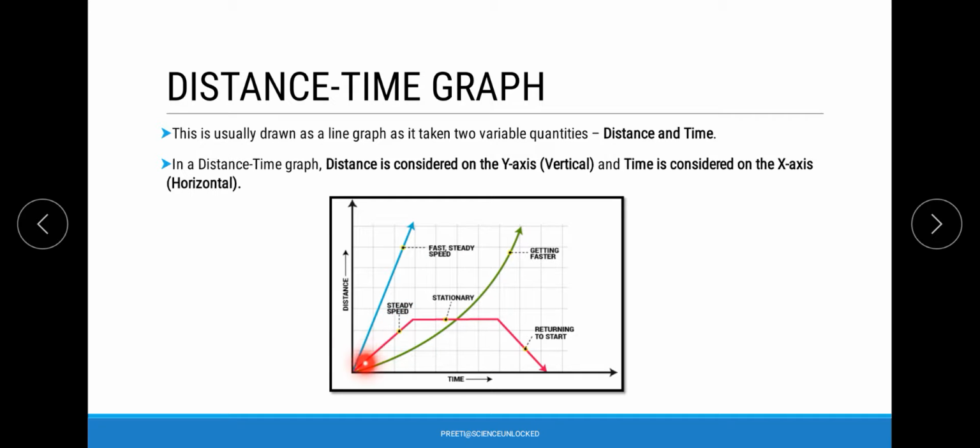On the other hand, the pink line in the graph shows that the object is first moving at a steady speed, then it is stationary because the line is parallel to the time axis, which means that time is continuously moving but the distance is not changing at all, so the object is not moving. And similarly the green one represents that it has suddenly modified its speed and got faster.